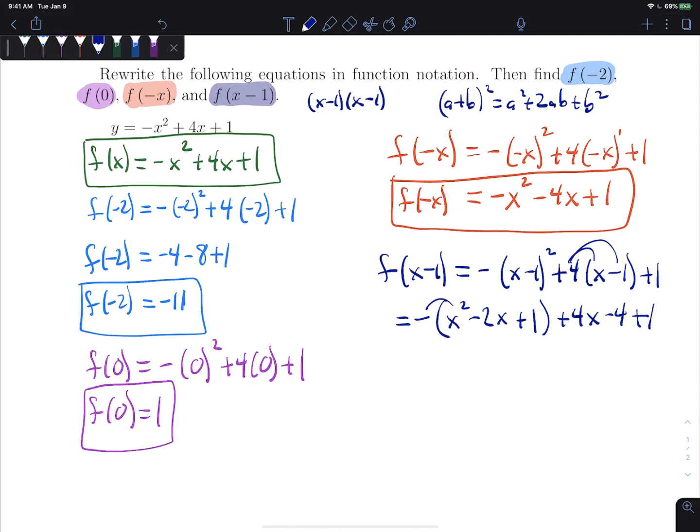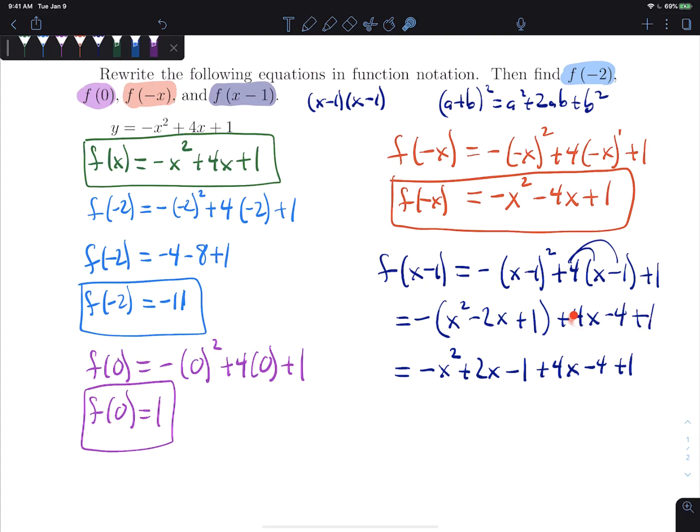Notice that we still need to distribute this negative to all three terms there. So this is going to give us negative x squared plus 2x minus 1 plus 4x minus 4 plus 1. And now notice that, first of all, the positive, positive became negative, positive, negative. That's what happens when you distribute a negative. Every term within this parentheses changes sign.